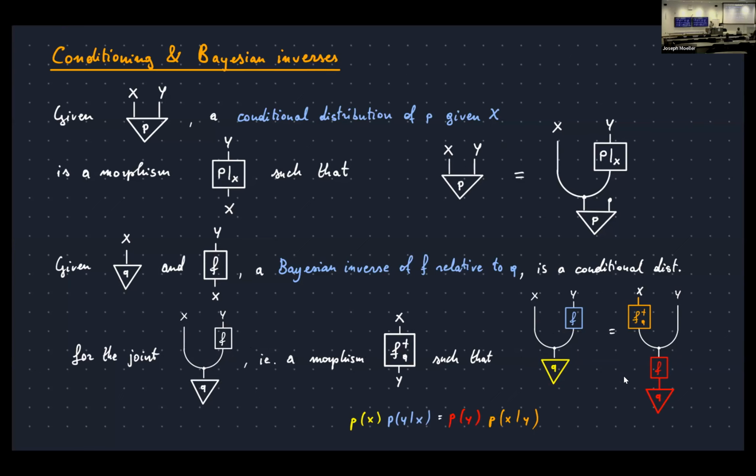What does this diagram tell us? Well, that's telling us pretty much Bayes' formula. So probability of x and then conditional given x is equal to the joint, which is probability of y, probability of x given y. That's Bayes' formula, okay? So in terms of string diagrams, you write it like this, and it holds in general. For example, in BorelStoch.